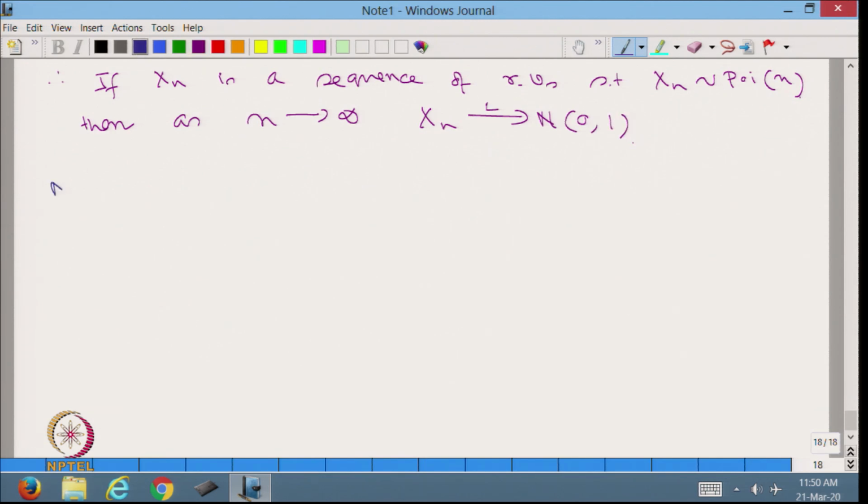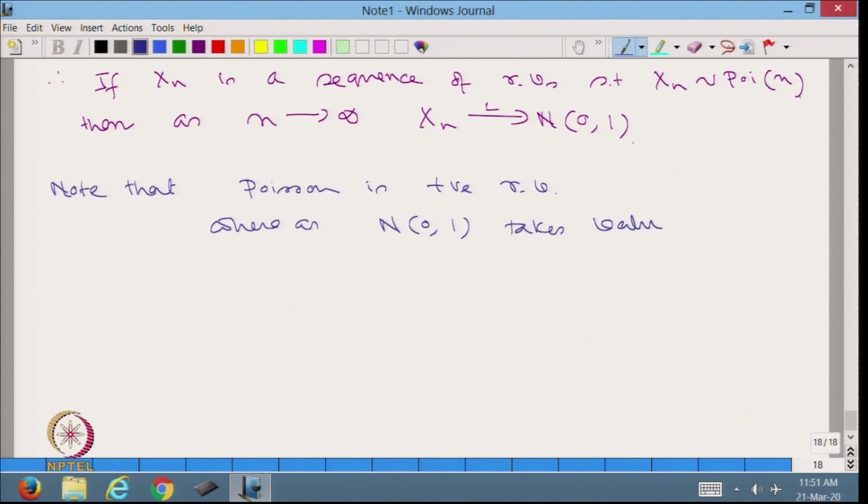Note that Poisson is a positive random variable, whereas normal 0, 1 takes values in minus infinity to plus infinity.